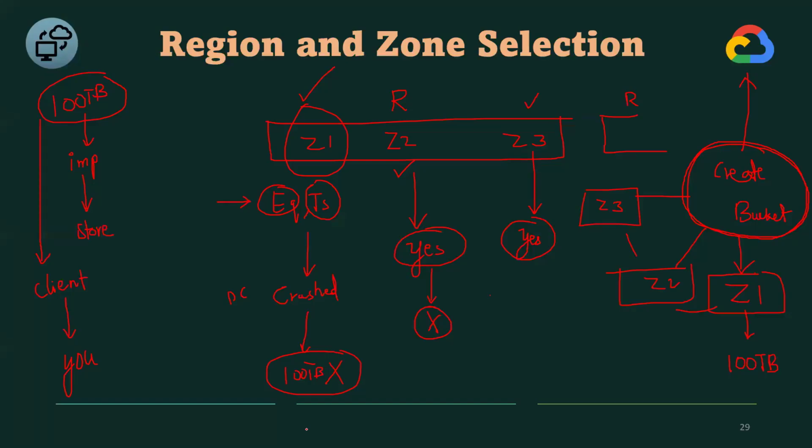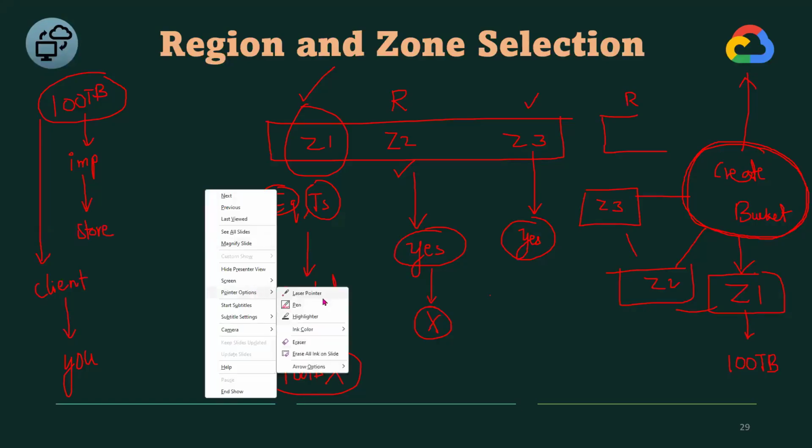If you are unlucky and this entire zone is crashed, you are going to lose it. So to avoid unexpected failures, try to select multi-zones or multi-regions, guys.